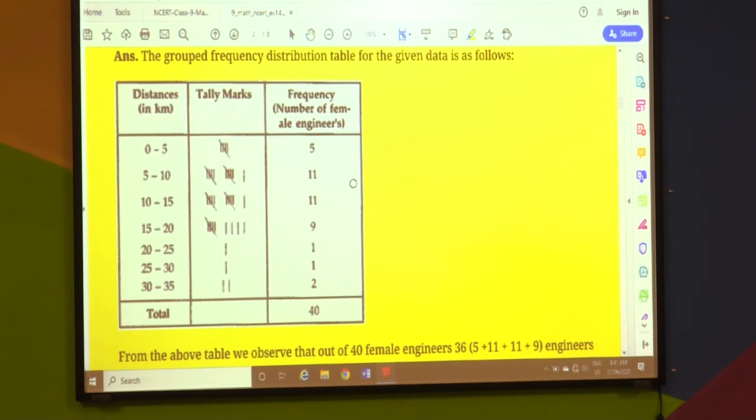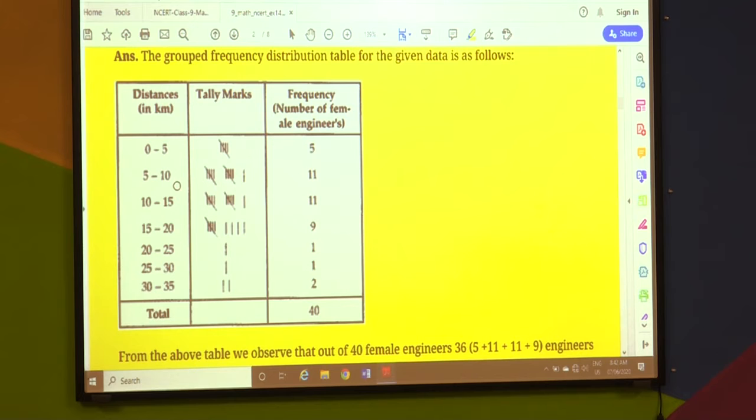Here you can see the frequency distribution table as it was guided in the question. The distances are in kilometers: 0 to 5, 5 to 10, 10 to 15, 15 to 20, 20 to 25, 25 to 30, 30 to 35. Classes are continuous. 5 is the upper limit here, and in the next class, 5 is the lower limit.